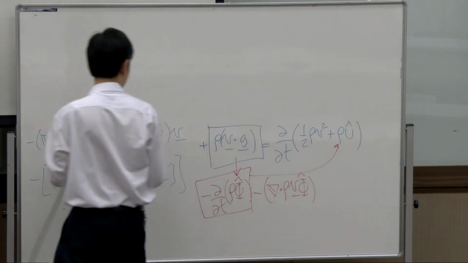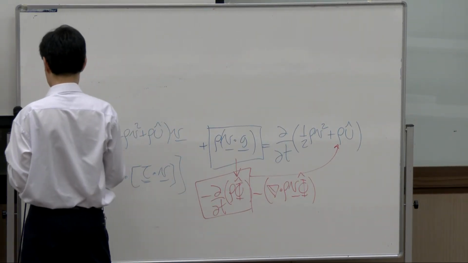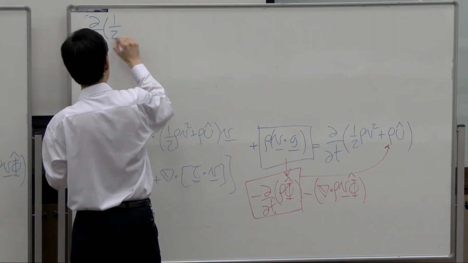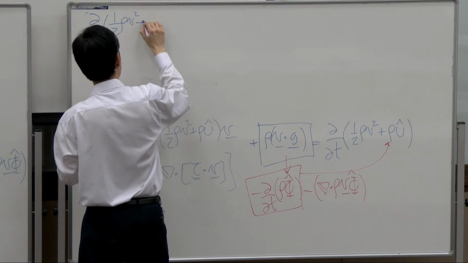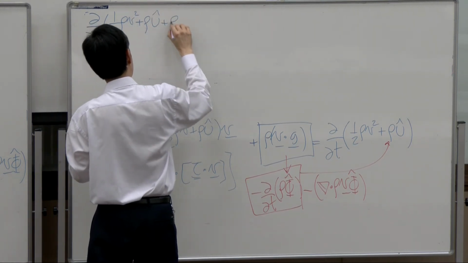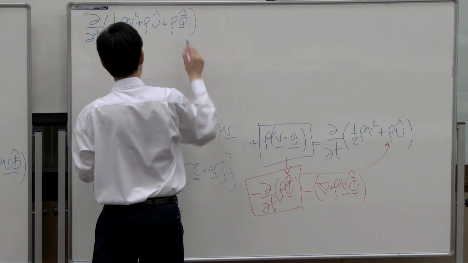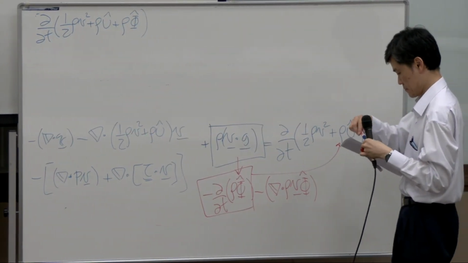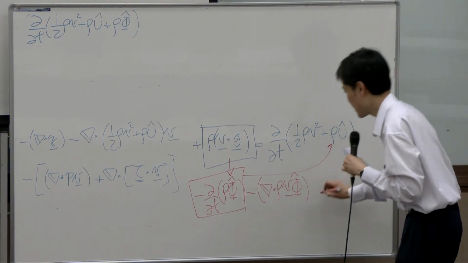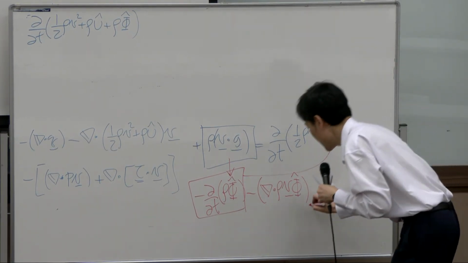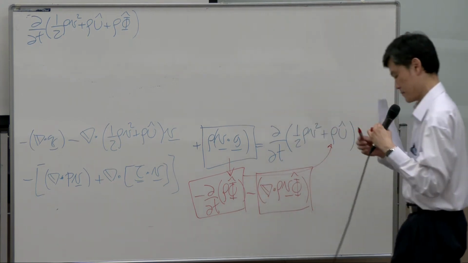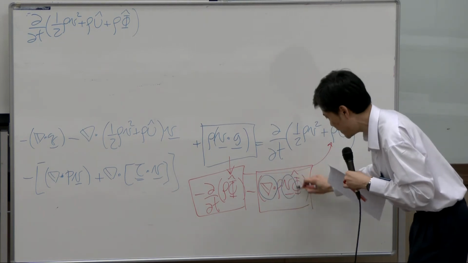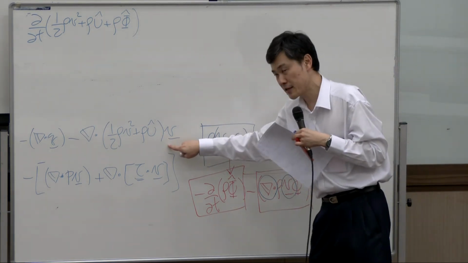So if I write that first, I get d by dt. Then this part, you see that I have del dot, I have v, in the same manner as this term.